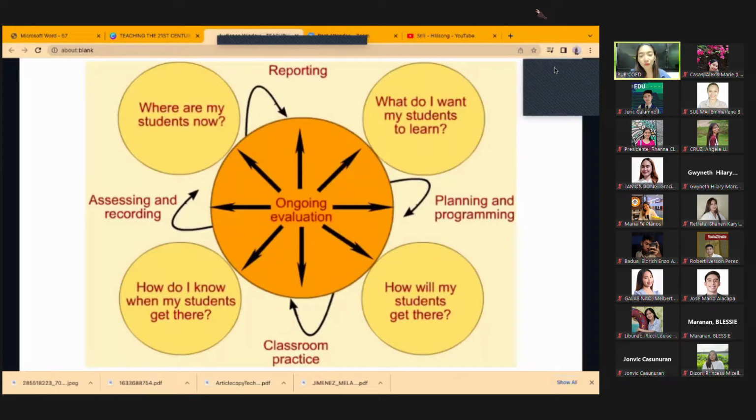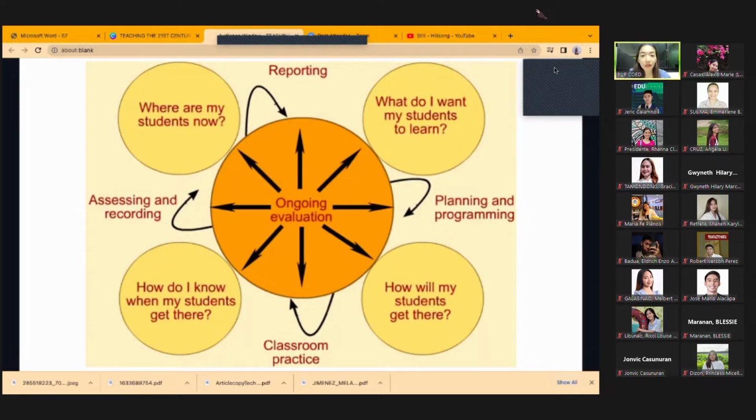Now, what are the tools or apps, activities that would help me achieve my objectives, or what you want your students to learn. And then after that, how do I know when my students get there? That's the next question you ask. So that involves assessing and recording.